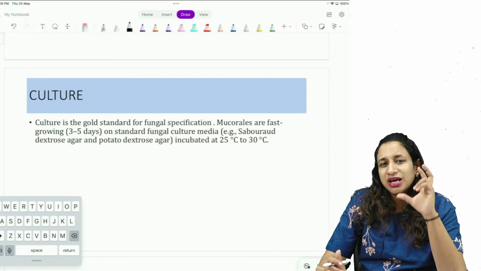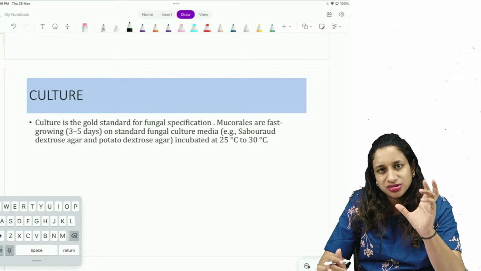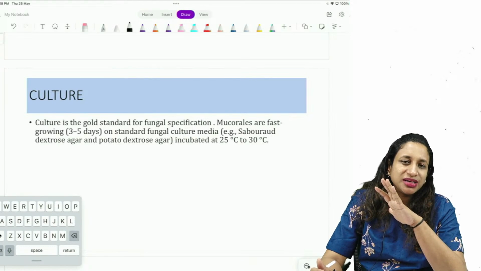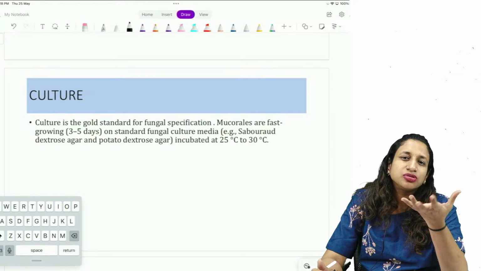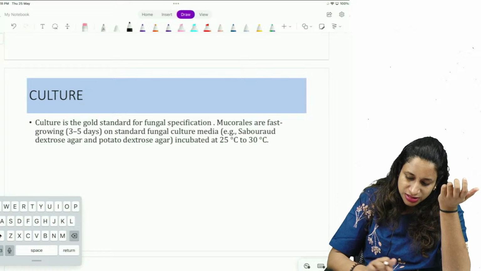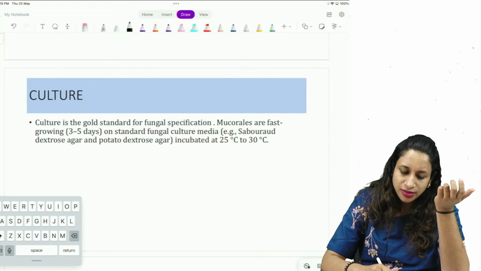Again, potato dextrose agar gives you better sporulation, that's the reason why you can also use it. Incubation at about 25 to 30 degrees is all it takes, and in 3 to 5 days you tend to see what is considered lid lifters. So this is another important feature that you need to remember.